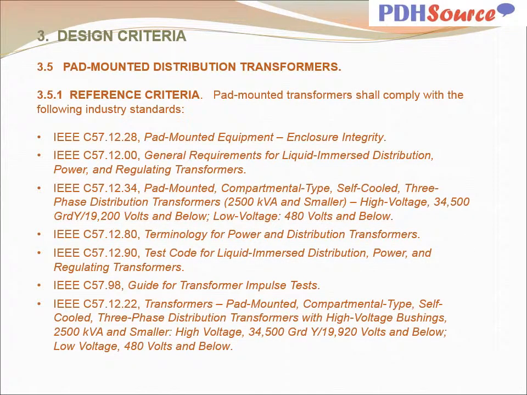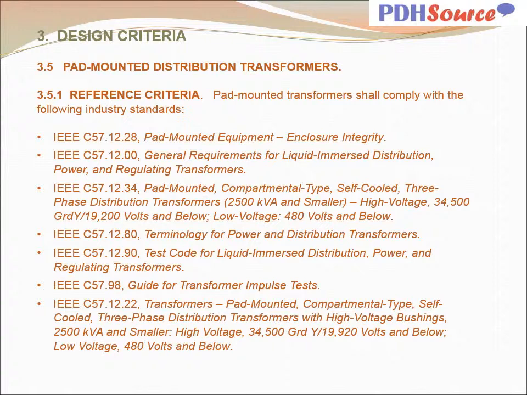With regard to pad-mounted distribution transformers, reference criteria: pad-mounted transformers shall comply with the following industry standards: IEEE C57.12.28 pad-mounted equipment enclosure integrity, IEEE C57.12.00 general requirements for liquid immersed distribution, power and regulating transformers, IEEE C57.12.34 pad-mounted compartment type self-cooled three-phase distribution transformers, 2500 kVA and smaller, high voltage 34,500 grounded Y/19,920 volts and below, low voltage 480 volts and below.